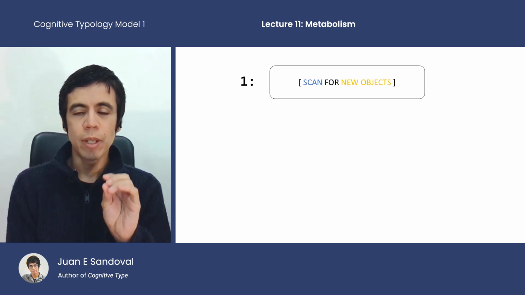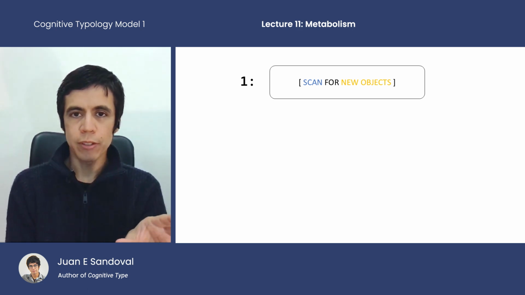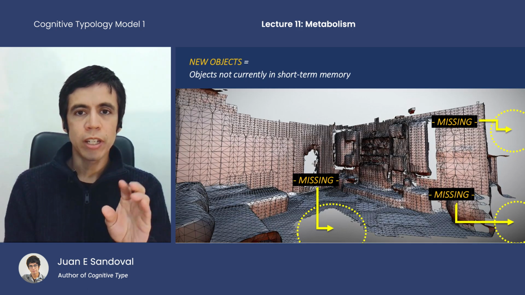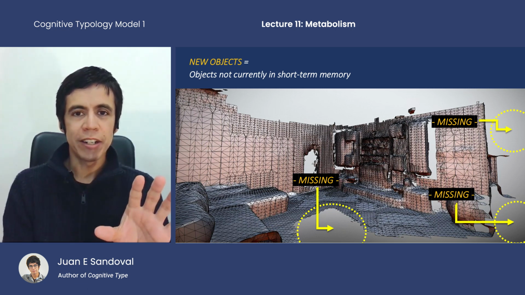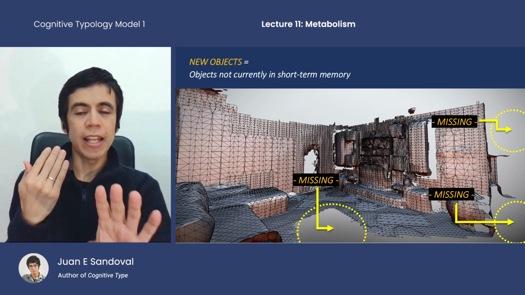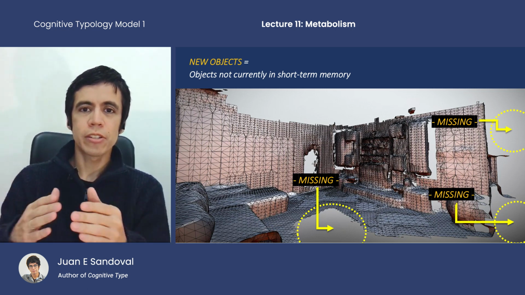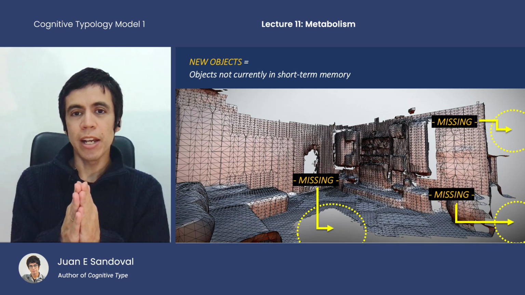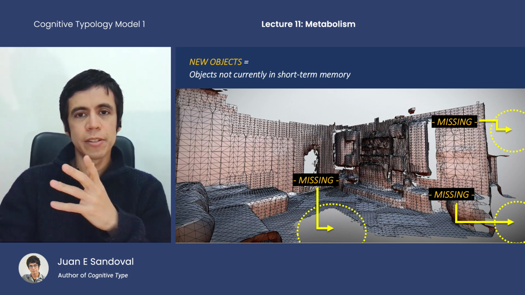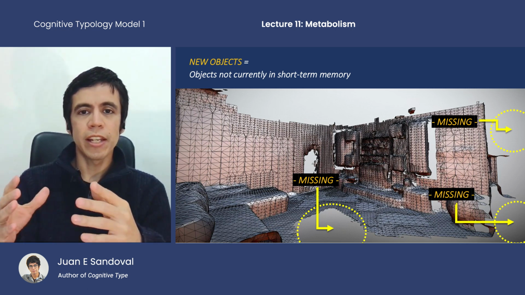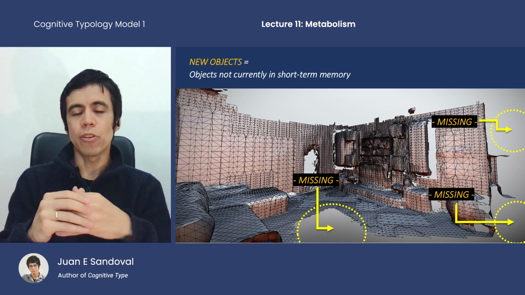The first step, number one, is scan for new objects. That is, objects that are not currently in working memory. So you scan an area, and if it's not in short-term memory, then that means it's novel. The definition of new objects is that they're not the same as the old objects. So scan for new objects implies checking against this mesh, let's say, to see if there are gaps in the mesh, or where the gaps are.